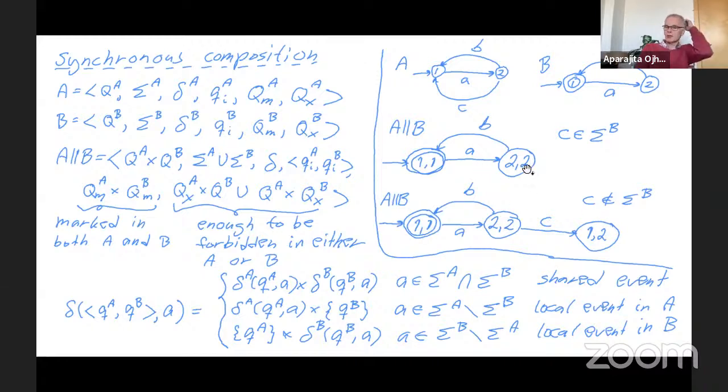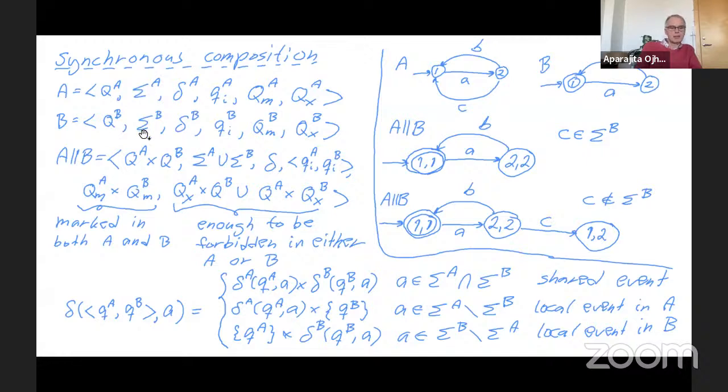So that means that the synchronous composition typically generates a couple of states that are not reachable. That's why it's also useful to take the reachability analysis, to skip all the non-reachable states or to generate the trim automaton.